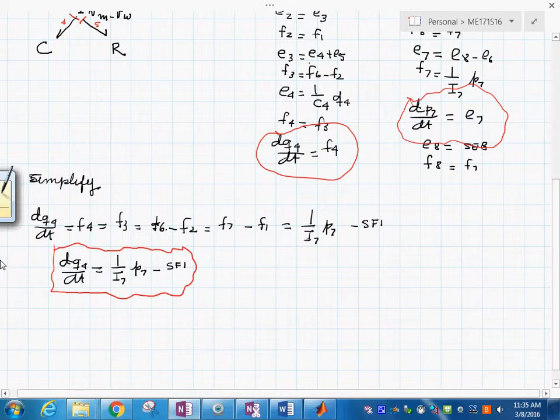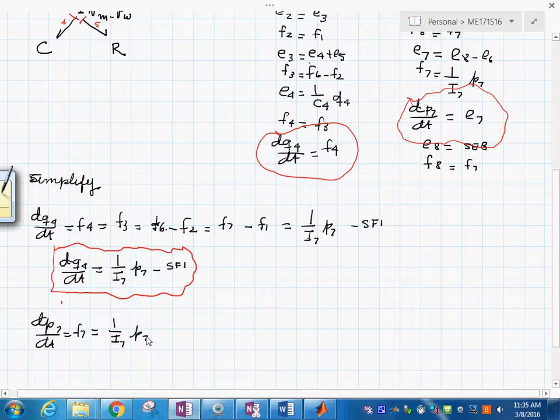Interesting, it came out quite simple. In here, let's see, did we do this? No, we didn't. Excuse me, we have a mistake in here. It's not F7, this is E7. See here, this is equal to E sub 7 right from here.